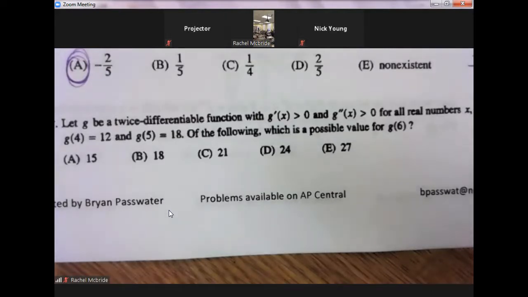So number 5. 1, 2, 3, 4, or 5. Okay. All right, so we are tied with our national average. Correct answer is E.